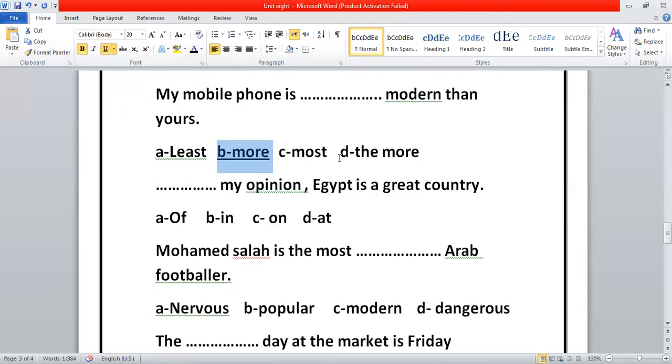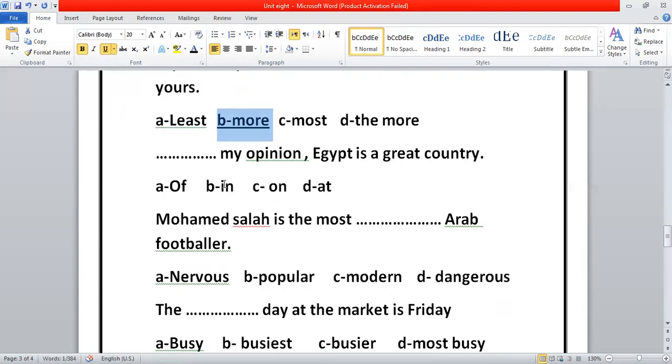The right answer, more. In my opinion, Egypt is a great country. What is the right answer? In my opinion. So in is the right answer. In my opinion, Egypt is a great country. The coming one.